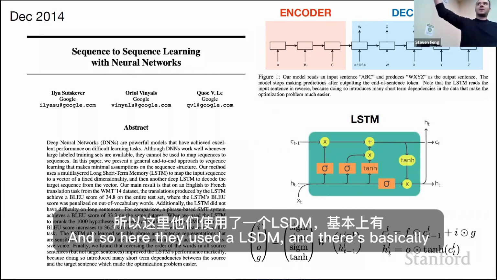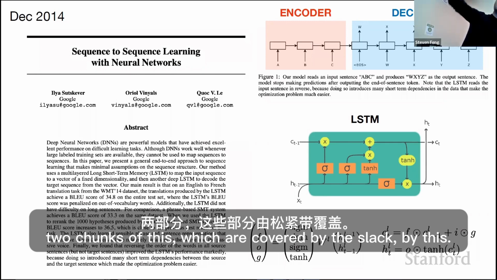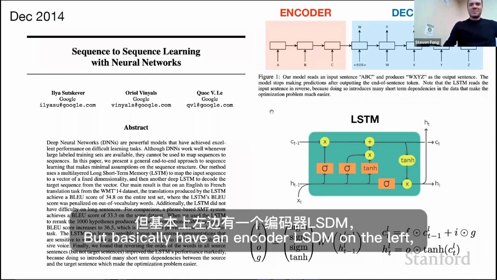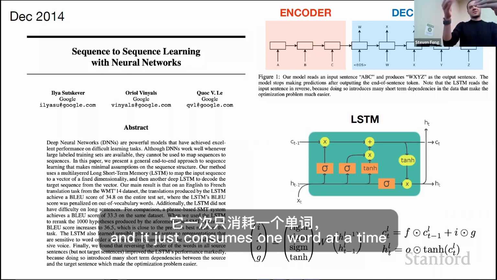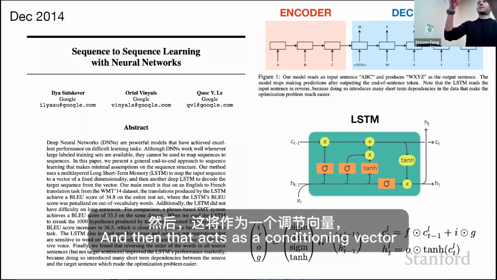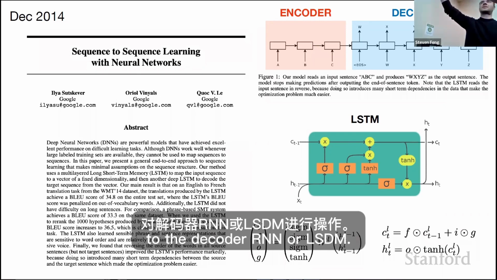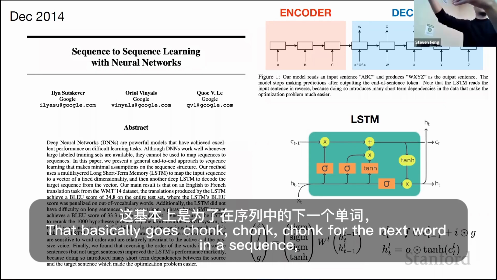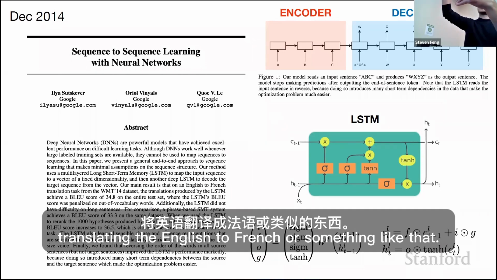And so here they used an LSTM, and there's basically 2 chunks of this. But basically you have an encoder LSTM on the left, and it just consumes one word at a time and builds up a context of what it has read. And then that acts as a conditioning vector to the decoder RNN or LSTM that basically goes chunk for the next word in the sequence, translating the English to French or something like that.